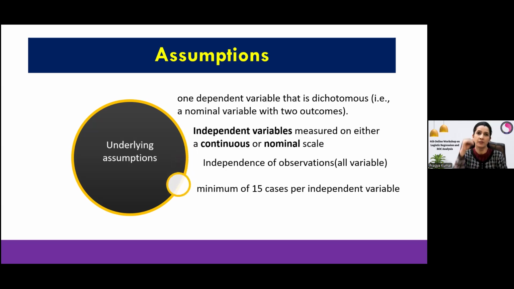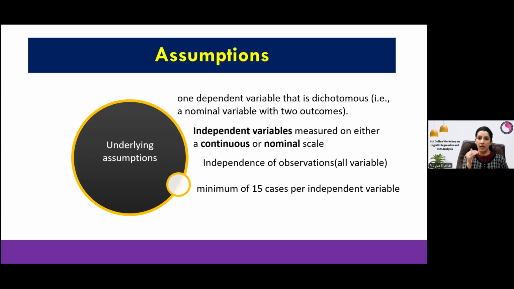Then coming to the other assumption, which is about the dependent variable and the independent variable. So what should be my sample size? At least there should be 15 cases. 15 cases means 15 outcomes, because this is a binomial logistic regression. Binomial means it should have two categories.